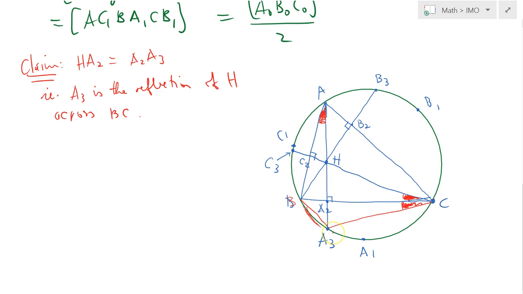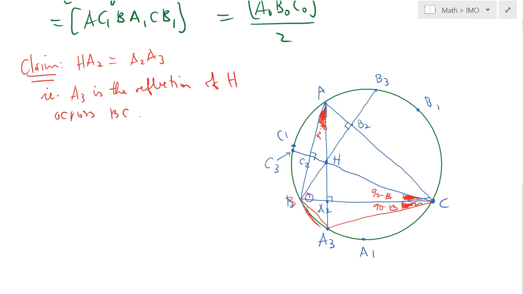but that arc is also subtended by angle BAA3. But then if you focus on triangle AA2B, this right triangle, you realize that this angle here is 90 minus B. But then flipping and looking at this triangle C2BC, which is also a right triangle, it's not surprising that this one is also 90 minus B. So these two angles are the same.